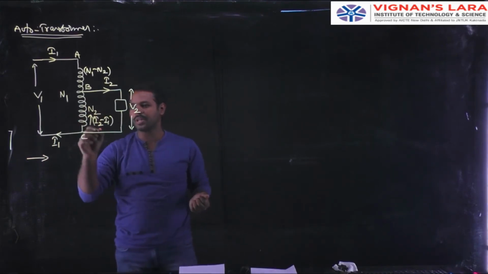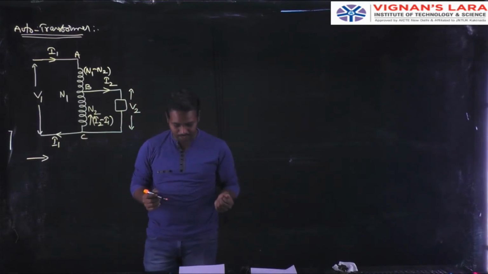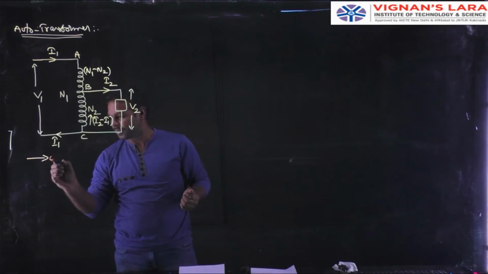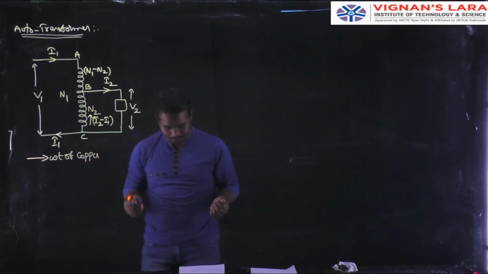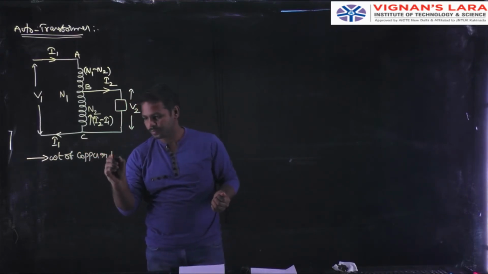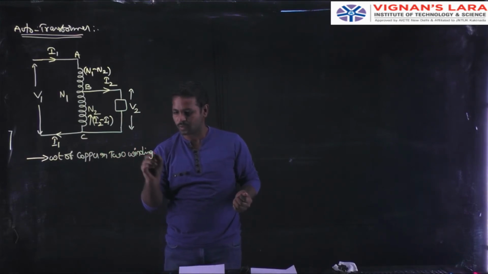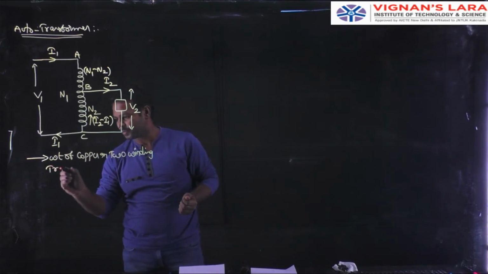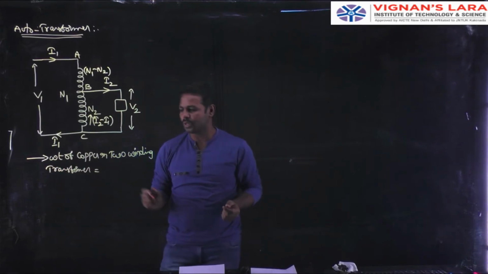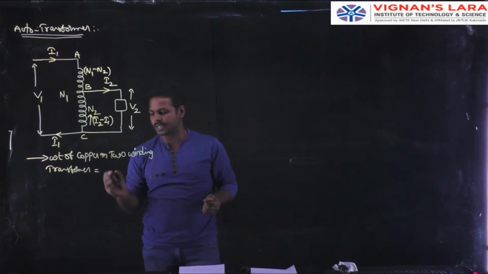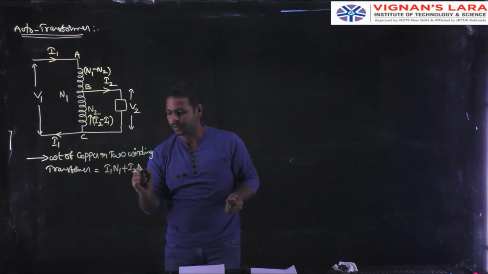The ampere turns of the primary winding. The weight of copper in a two winding transformer is equal to the ampere turns of the primary and secondary, I1 into N1 plus I2 into N2.